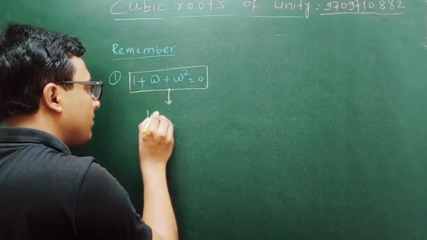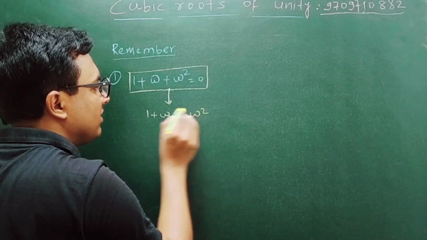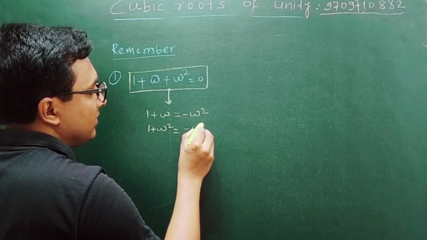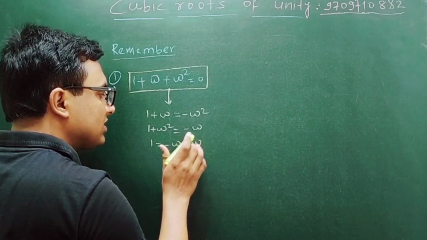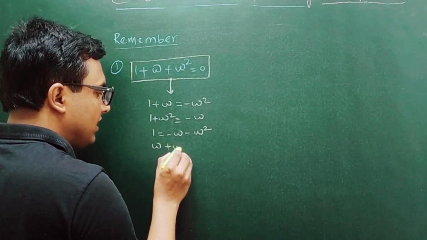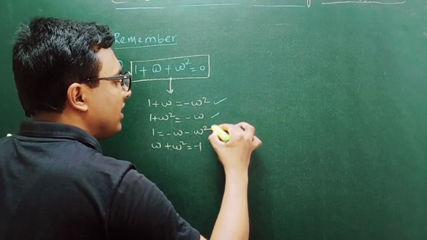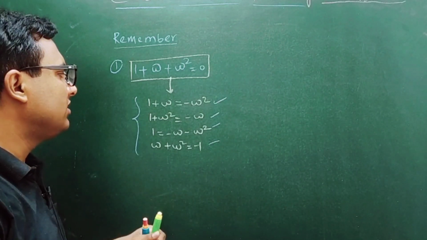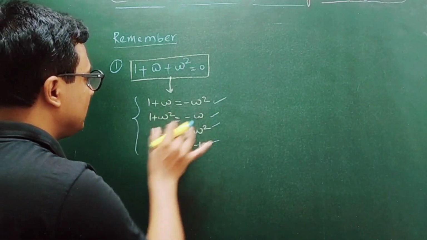That means 1 plus omega is equal to minus omega square, 1 plus omega square is equal to minus omega, and omega plus omega square is equal to minus 1. We use this result in many ways, anywhere we need it.